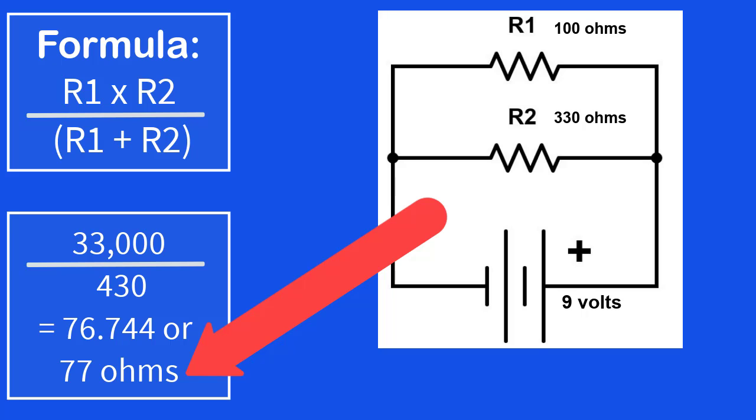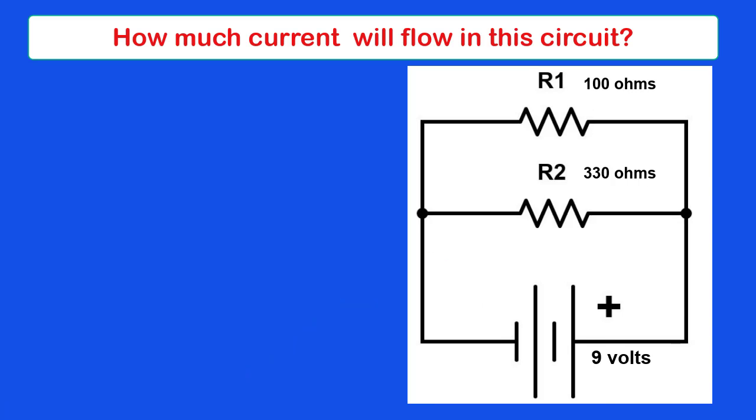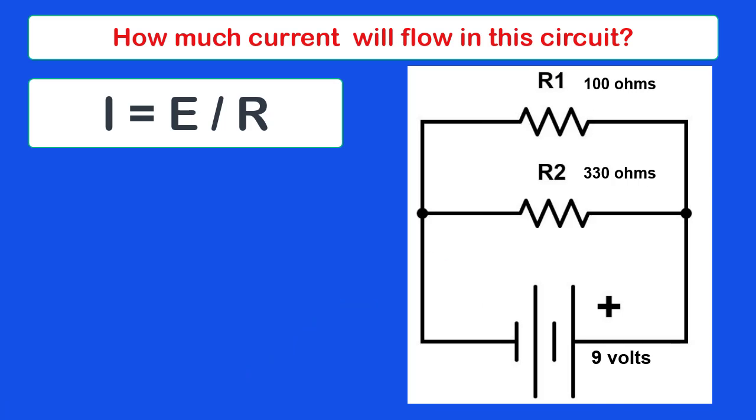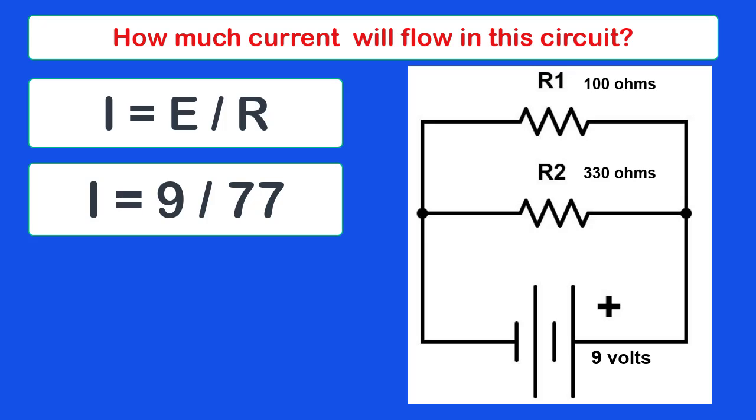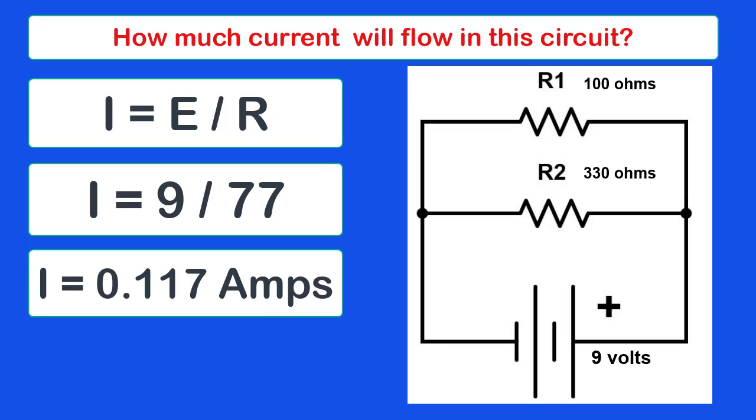How much current will flow in this circuit? Using Ohm's law, I equals E divided by R, so I equals 9 divided by 77, therefore I equals 0.117 amps. So we would have approximately 117 thousandths of an amp flowing in this circuit.